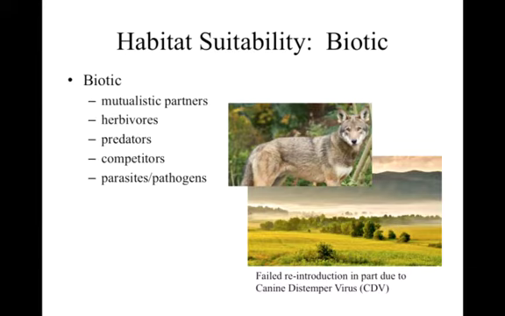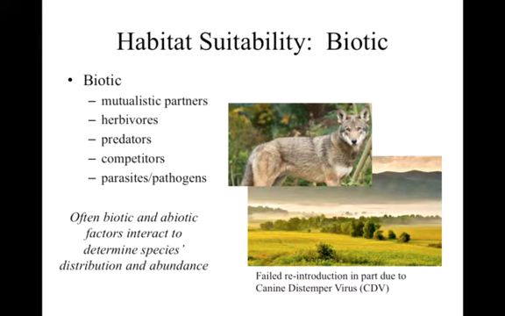canine distemper virus had arrived in the park, partly via domestic dogs, partly via coyotes. Regardless, the presence of this pathogen in the park made it impossible for the wolves to be reintroduced, to successfully develop a population in that area. All right.